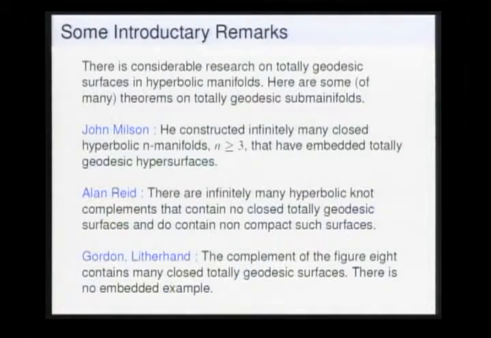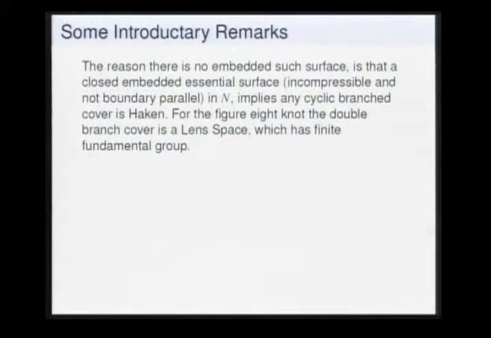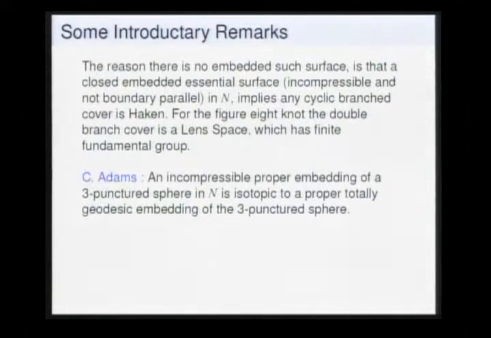Gordon and Reid: the complement of the figure 8 contains many closed totally geodesic surfaces. There's no embedded example. So in the complement of the figure 8, there's no embedded totally geodesic compact surface. There's a reason for it, but perhaps I'll not go into that for time.